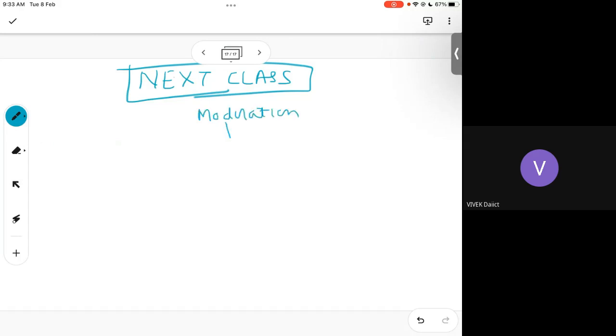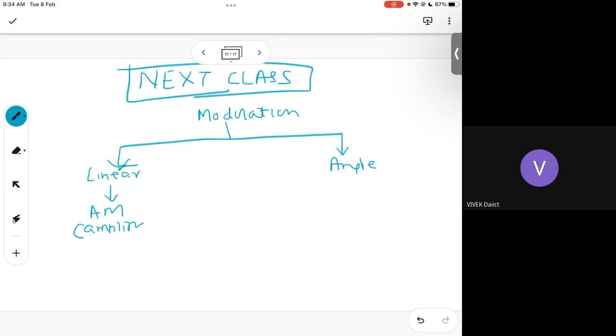There are two categories: one called linear, and another the angle modulation. Linear means here we talked about AM, the amplitude modulation. And angle contains two parts, sin(2π fc t + φ). That is what we call FM and PM, the frequency modulation and the phase modulation.